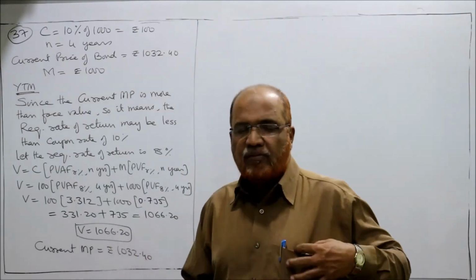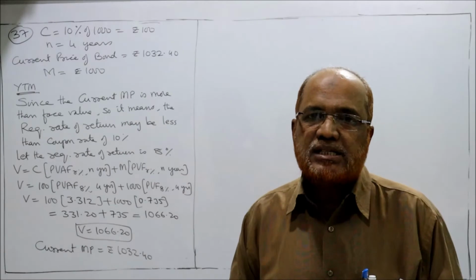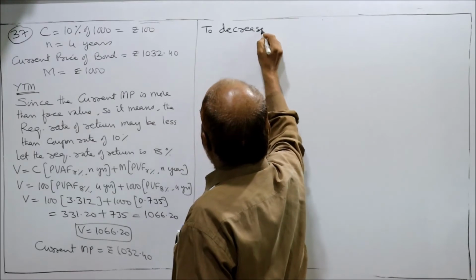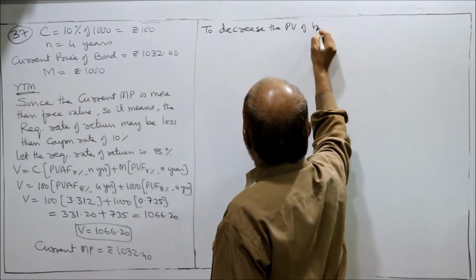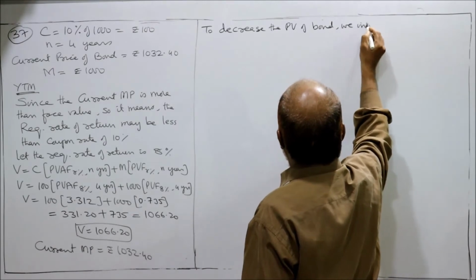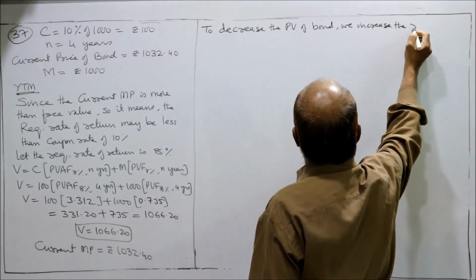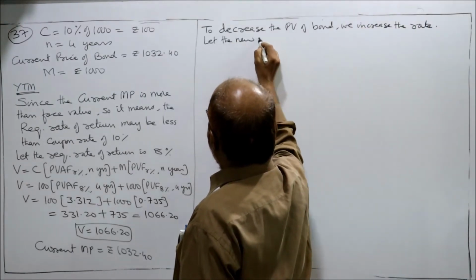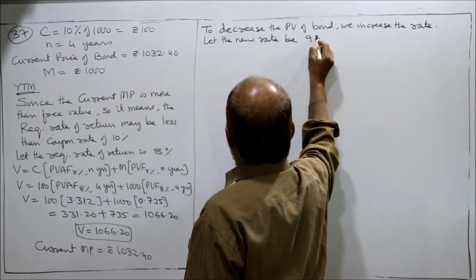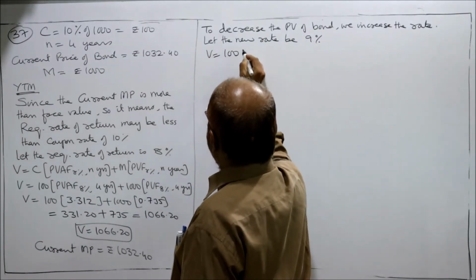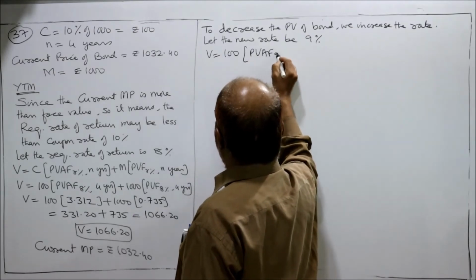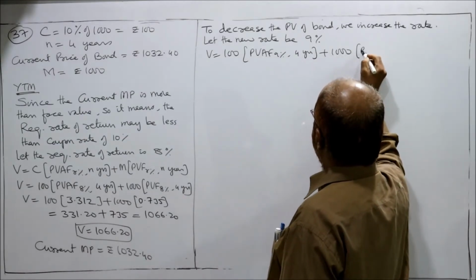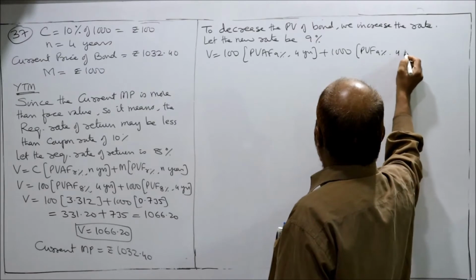So to decrease the present value of the bond, we have to increase the rate. We increase the rate. Let the new rate be 9%. V is equal to 100 into PVAF 9% for 4 years plus 1000 into PVF 9% for 4 years.